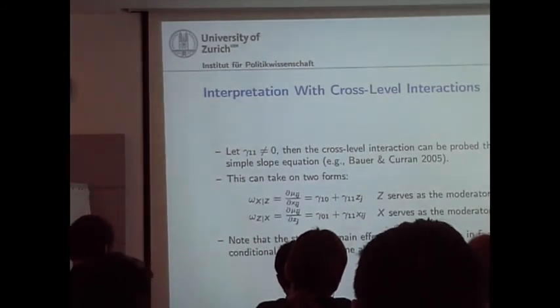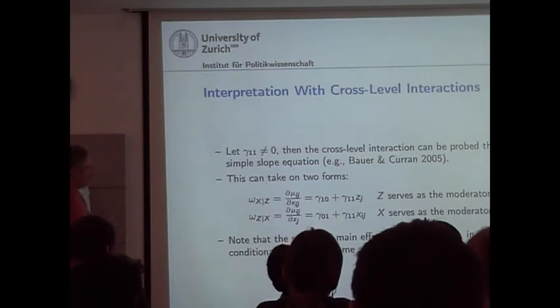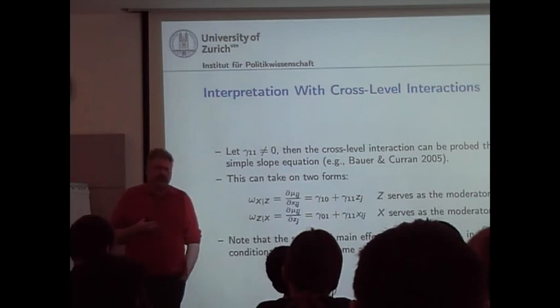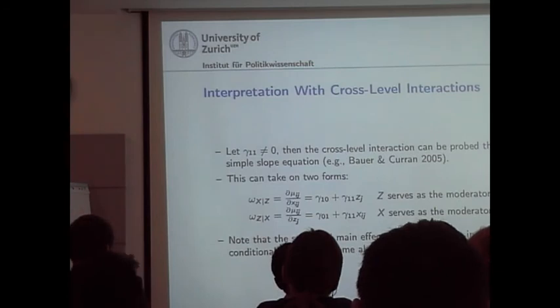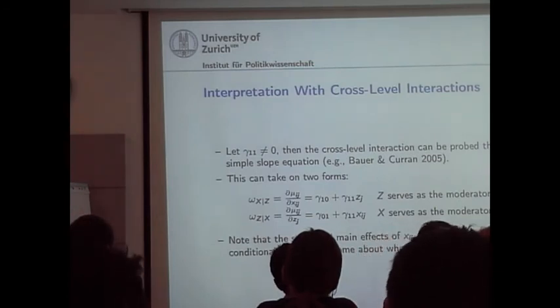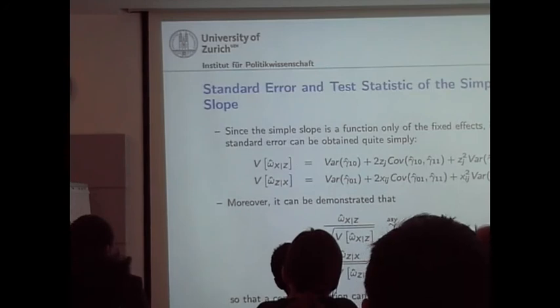I like this method of interpretation because it lends itself to very easy graphing, and when you read the Political Analysis piece by Bramber et al., it's basically that approach applied to multilevel models.